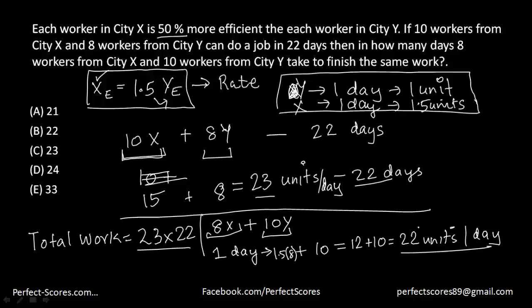So if the rate is equal to 22 units every day and the total work is this, that means the time taken by them into the rate, which is 22, would actually be equal to the total work. That means the time taken by them is equal to 23 days.